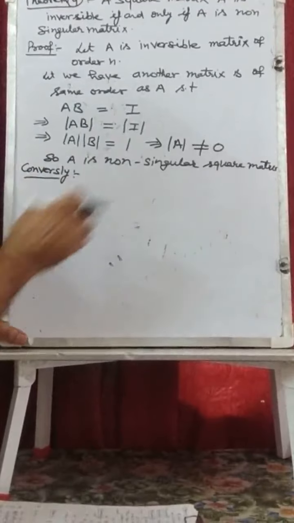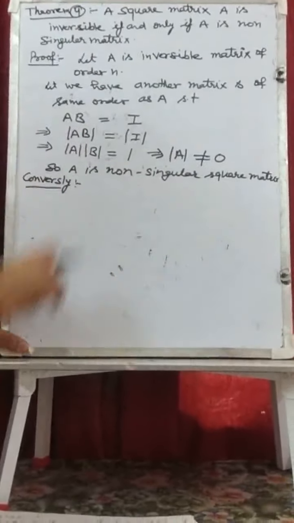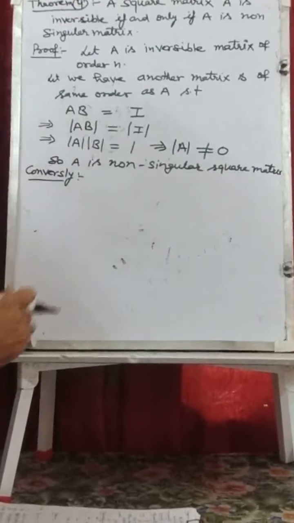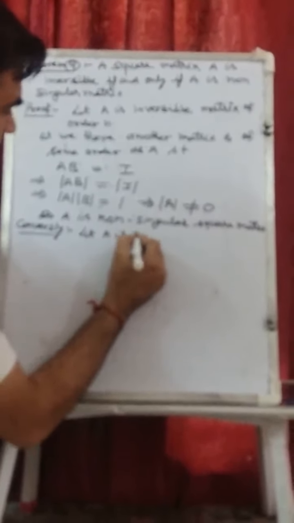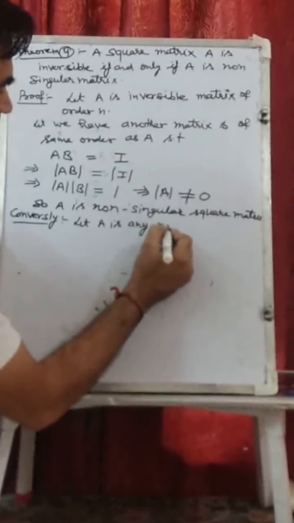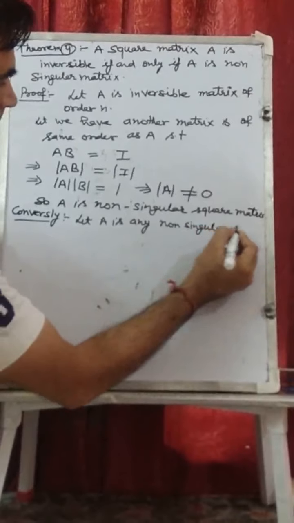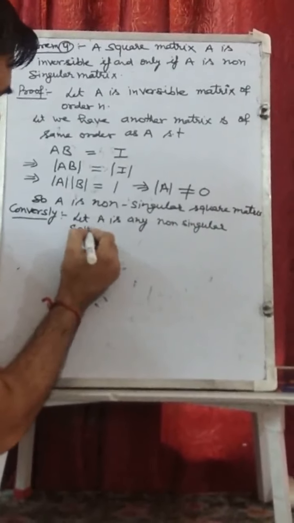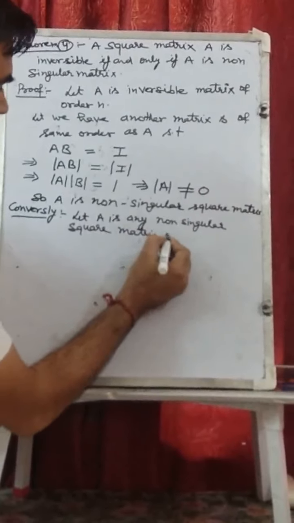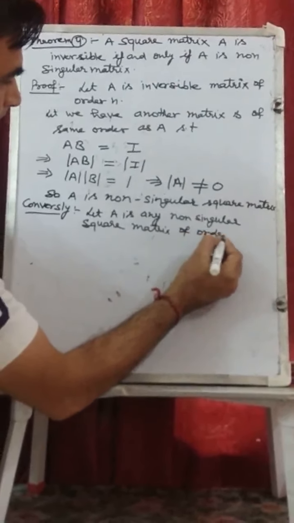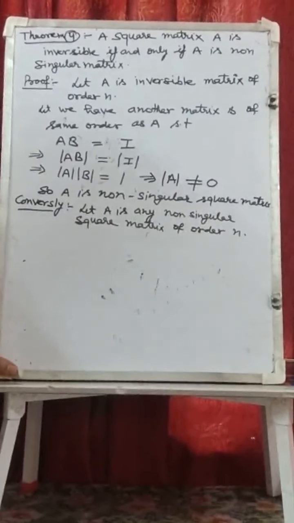कन्वर्स में क्या लेके चलेंगे? A एक नॉन सिंगुलर स्क्वायर मैट्रिक्स है और प्रूफ क्या करेंगे कि A इन्वर्सिबल है. तो let A be any non-singular square matrix of order n.